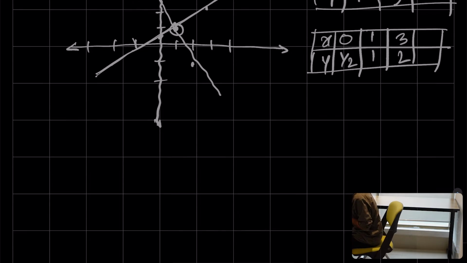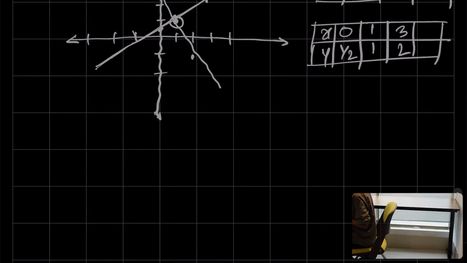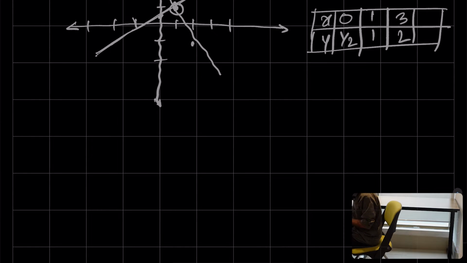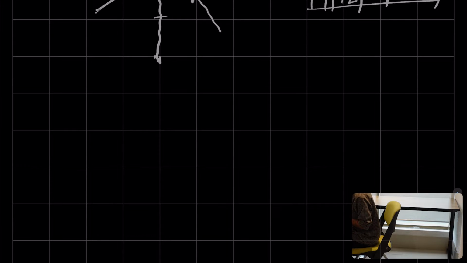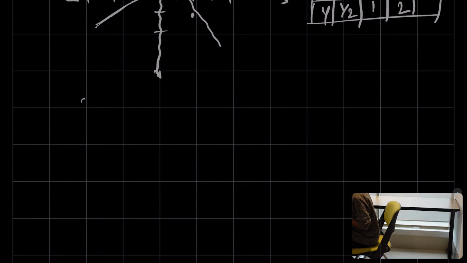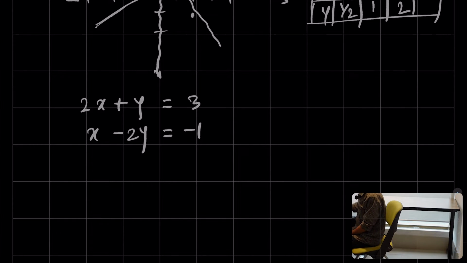Another perspective can be that I write the coefficients of x. The linear system is 2x plus y is equal to 3 and x minus 2y is equal to minus 1. So now, the coefficients of x, what are these? If I extract the coefficients of x, this is 2, 1.